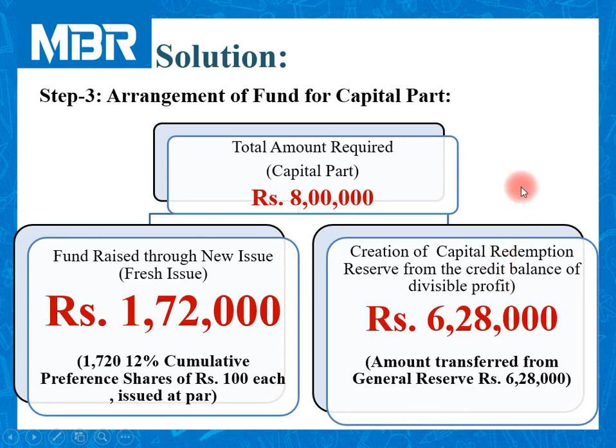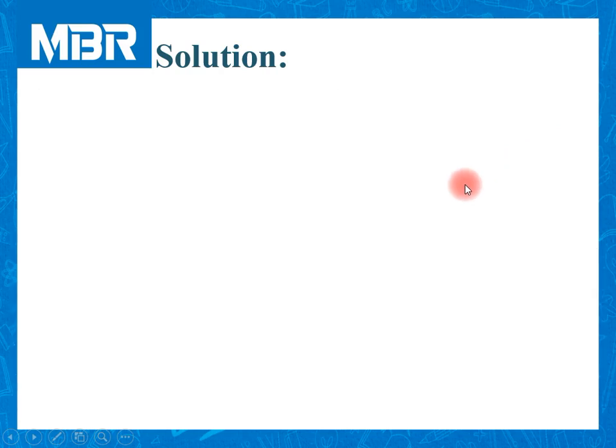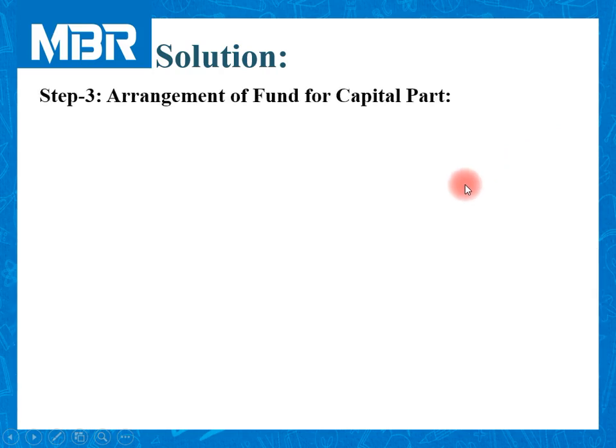You can check the liability side of the balance sheet. The amount of general reserve is enough to meet our requirements. Now, let us pass journal entries for both these transactions one by one.